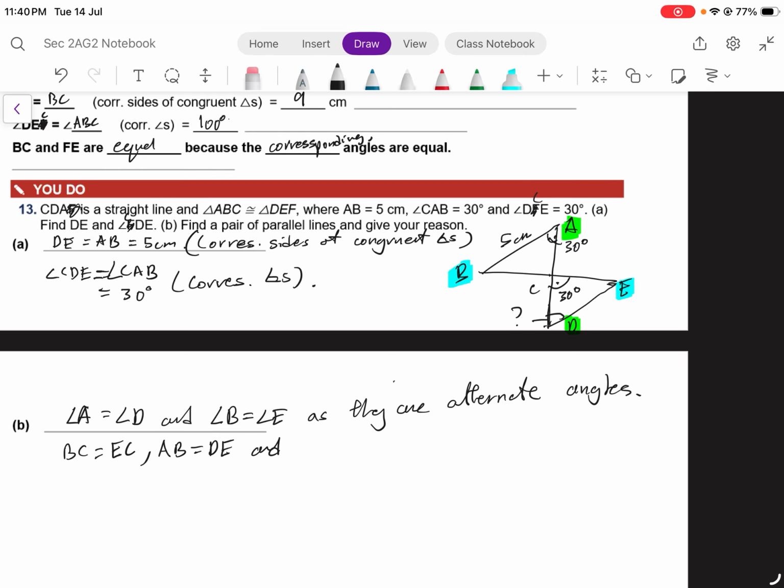And the last one is AC equals to DC, because they are corresponding sides of congruent triangles.